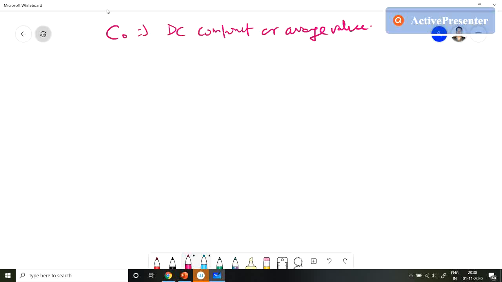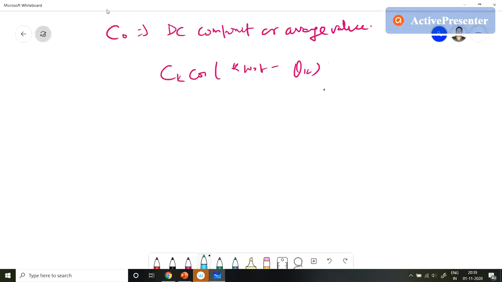And the term ck cos(k omega naught t minus theta k) is called the kth harmonic component of xt.